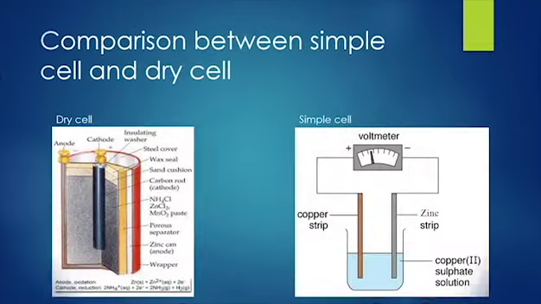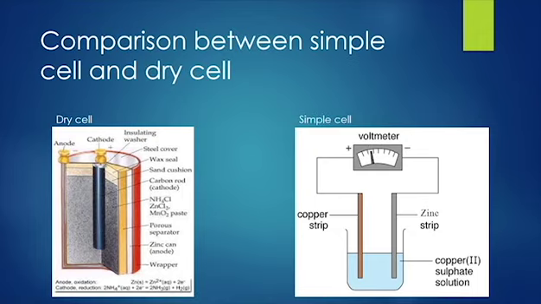Let's see the comparison between simple cell and the dry cell. As you all know, simple cell is the primitive cell which is used to produce electric current. Here, zinc and copper strips are used as the electrodes.